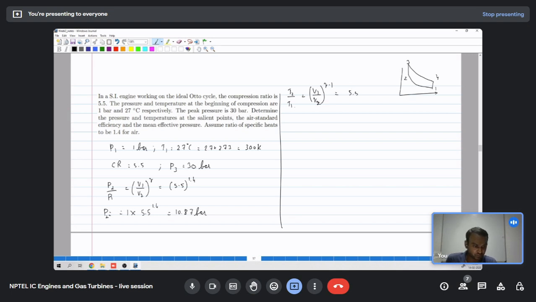Compression ratio is 5.5, gamma minus 1 is 0.4. So T2 will be 300 Kelvin into 5.5 power 0.4. So this becomes 593.3 Kelvin.